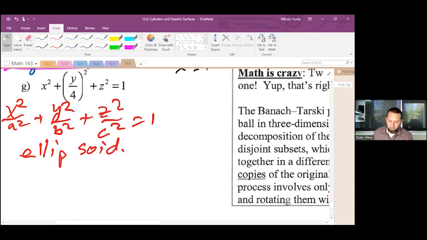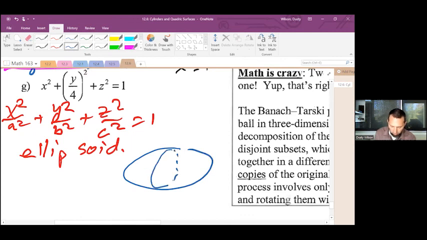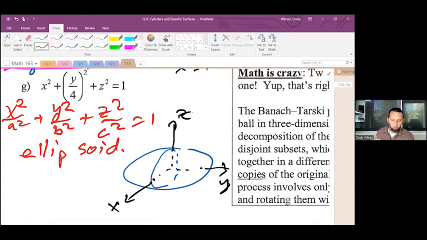In G, I want an ellipsoid. Think a sphere, just kind of like squashed one way or the other. So we can draw some sort of an egg shape, if you will, or a sphere shape. Something like that. Add our axes to the middle of it. So y, just back to the traditional axes, x and z. And if you think about what happens when y equals 0, I've got a circle going through 1 and 1.